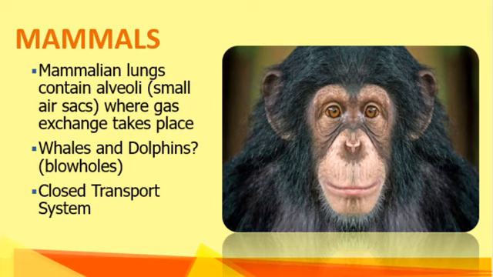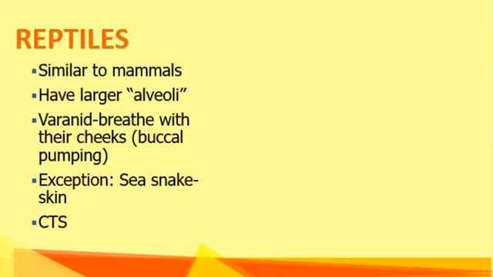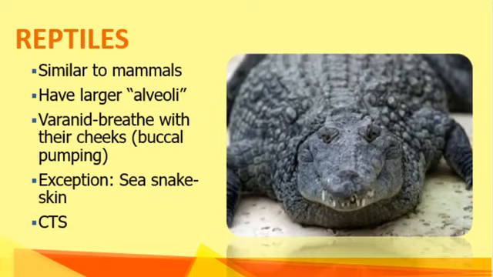So that's how we do it for mammals. We have lungs and we have our blood cells to do the exchange in the different levels, especially in very tiny and fine capillaries. Next, how about other animals like the reptiles? Reptiles are similar to mammals, and they have larger alveoli.